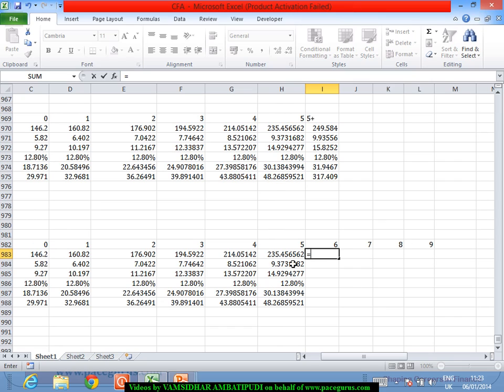So what I will do for each of these years: the previous year's value I will first increase by 8.75%. Similarly here, this I will increase by 7.5%.